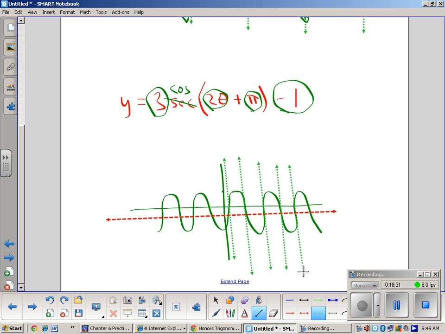I didn't want to make it too accurate because I didn't put any thought into where it really goes. And then my secant graph is actually going to be this.